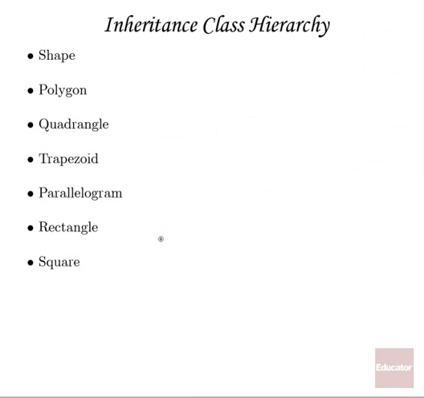All right, now let's talk about inheritance and how the classes get structured in a hierarchy. One of the things you could talk about with inheritance is geometric shapes. Let's say that we start out with any shape, and this could be a shape with curves or a shape with straight sides.